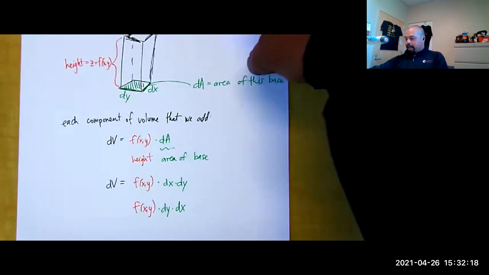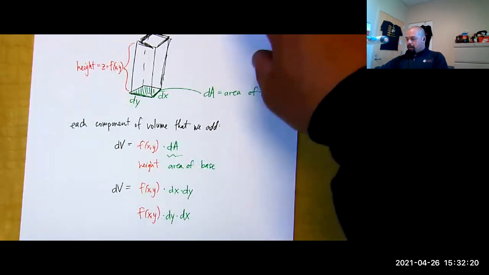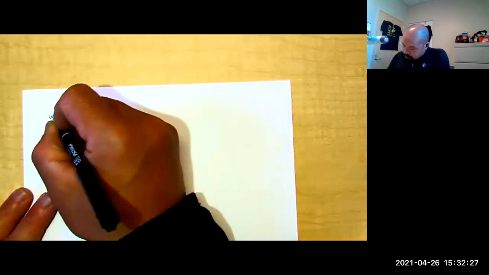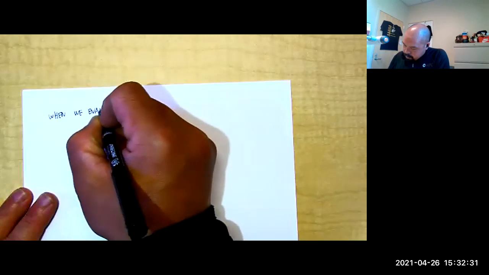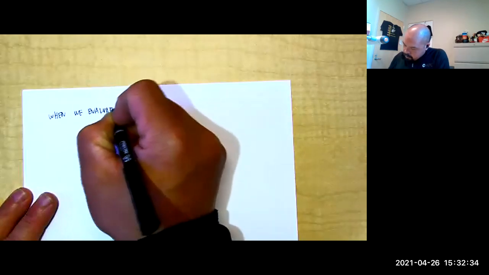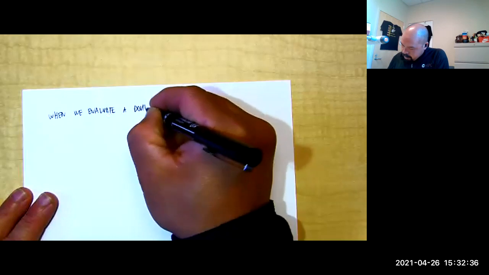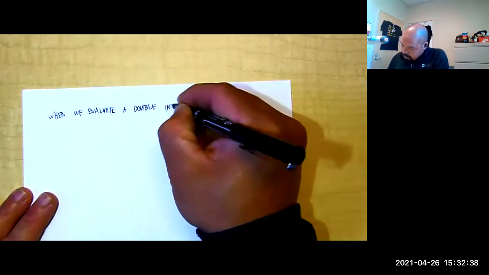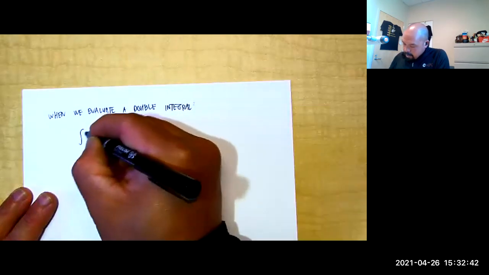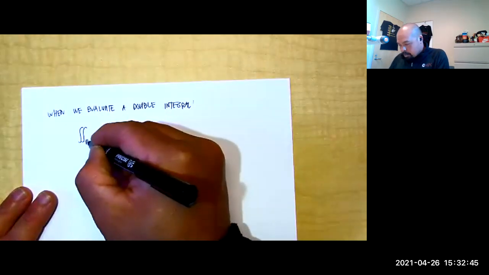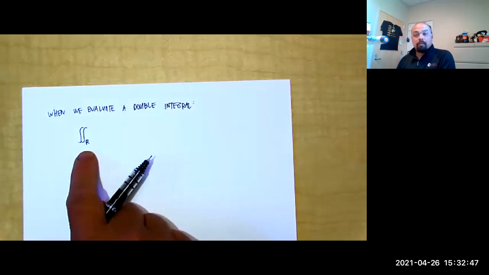Okay, so let's look at a problem here, or a discussion first, and we'll get into an actual calculation problem. So when we evaluate a double integral, pardon me, we're looking at this integral, integrating over some region R. So it's not just a single variable that we have to deal with.